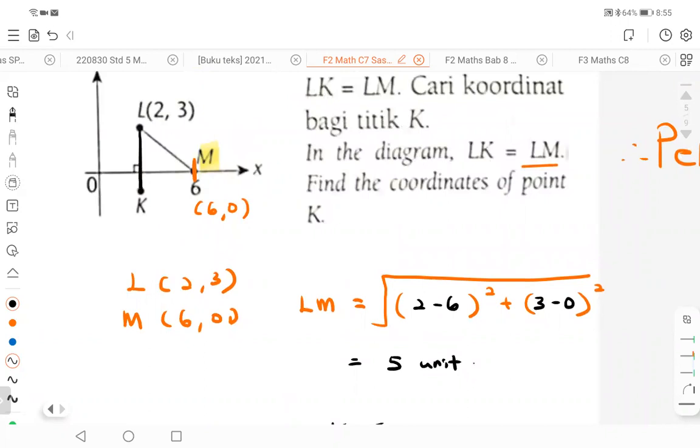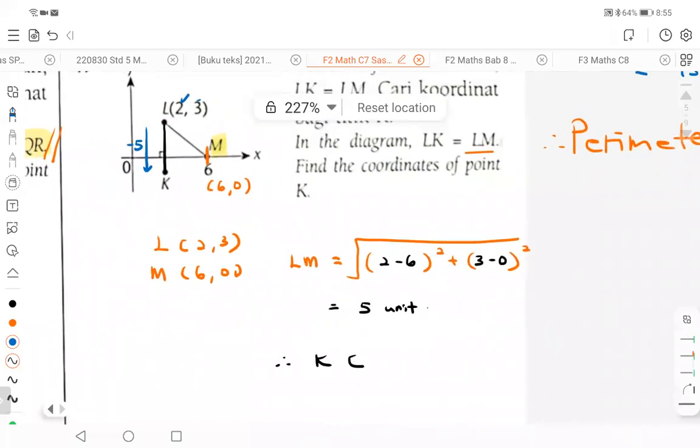K is 5 units below point L. They have the same x, meaning the x coordinate will be the same. Then you find the y coordinate. Go down, minus 5, right? 3 minus 5, and you will get the coordinate of point K.